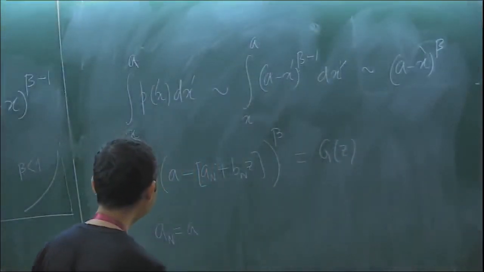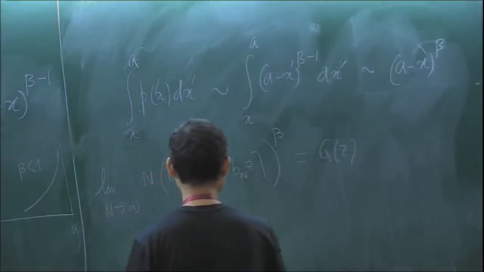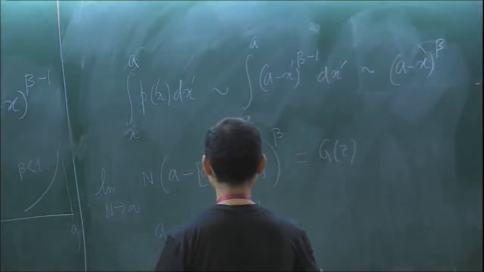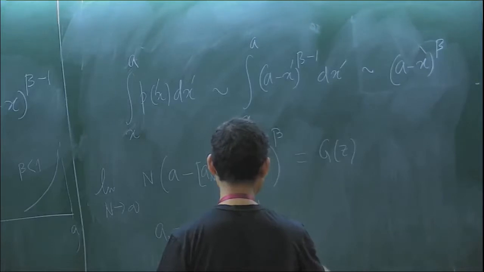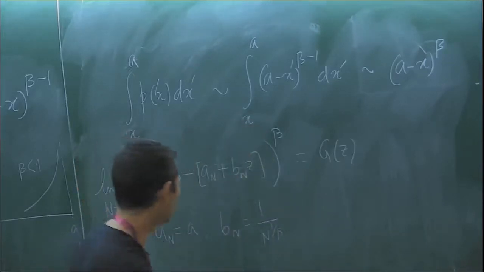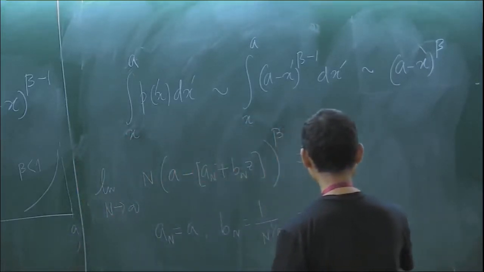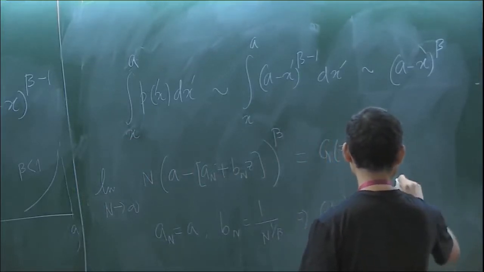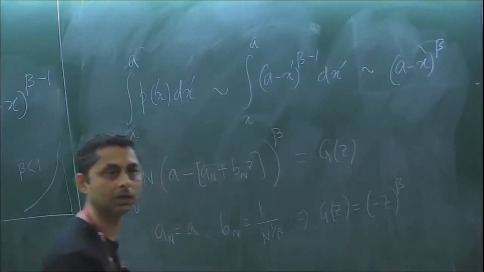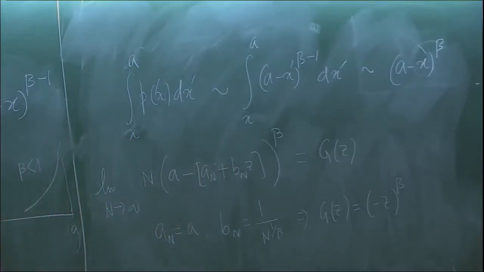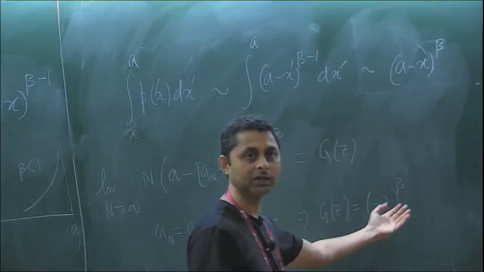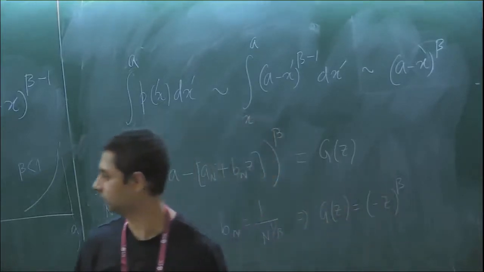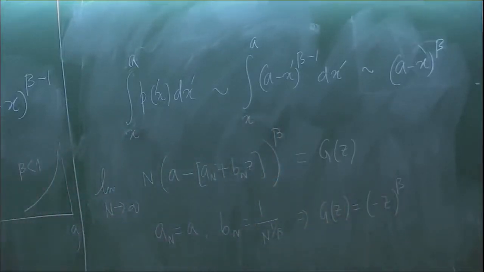So what is Bn? Bn is 1 by n to the power 1 by beta. So what is g of z? Minus z to the power beta, right? So why is it minus? What is the range of z now? It's negative, right? Because you have gone to the boundary and you are looking in the other direction.